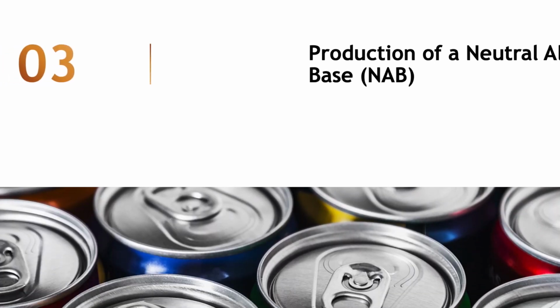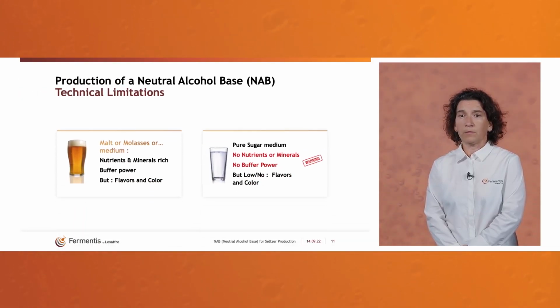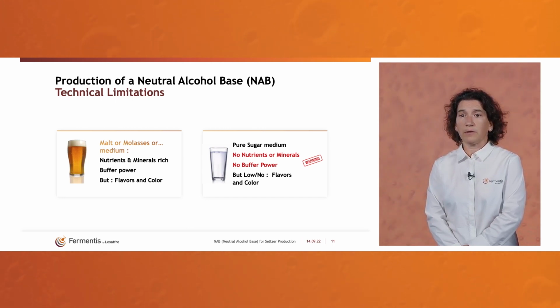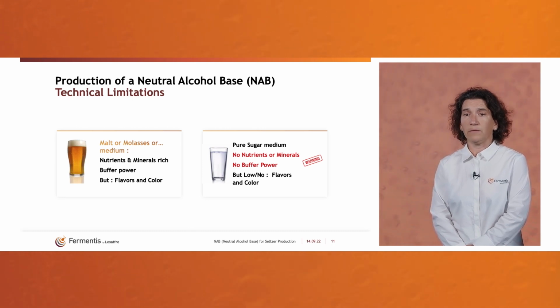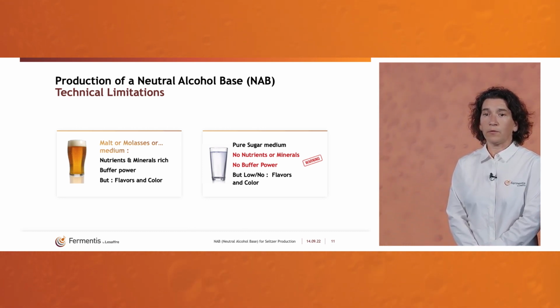So how to produce a neutral alcohol base? You can use a medium with malt or molasses. This kind of medium is rich in nutrients and minerals. It has buffer power, but the product you can obtain with this kind of medium will contain a lot of flavors and will be colored.